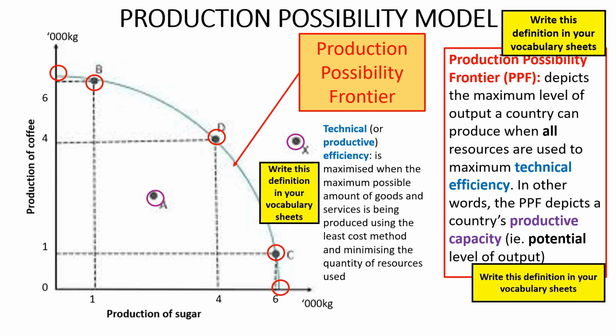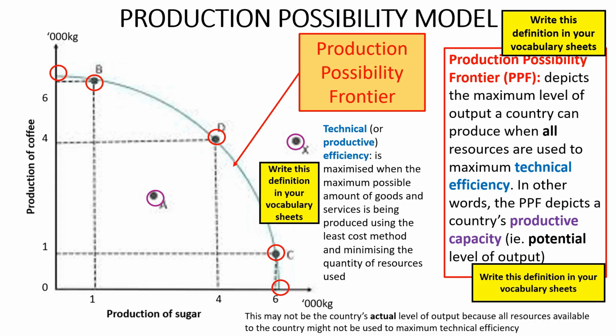Now, it is quite possible that the country is not actually producing in a way that maximizes its technical efficiency. That is, that the country is not producing the potential level of output that it is capable of producing.